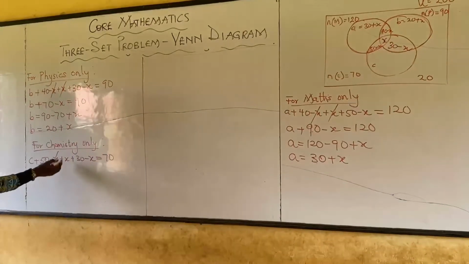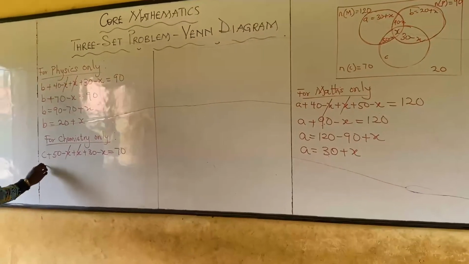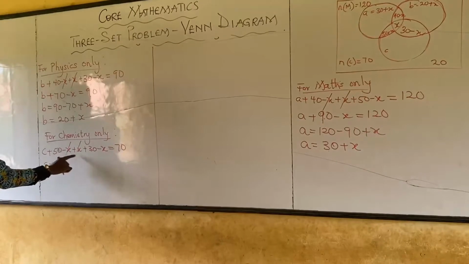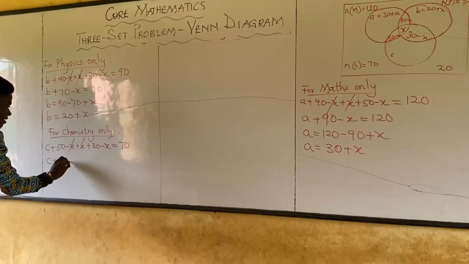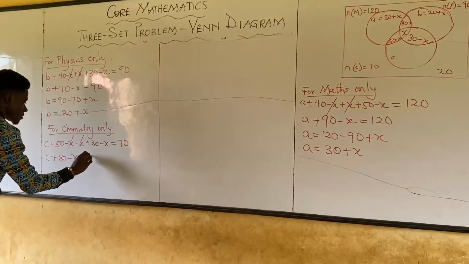So negative x cancels positive x. So we now get C plus 50 plus 30 gives 80 minus x equal to 70.